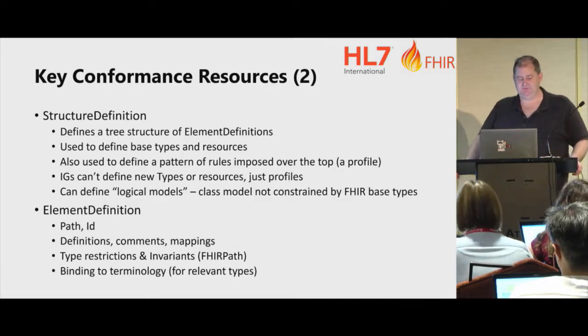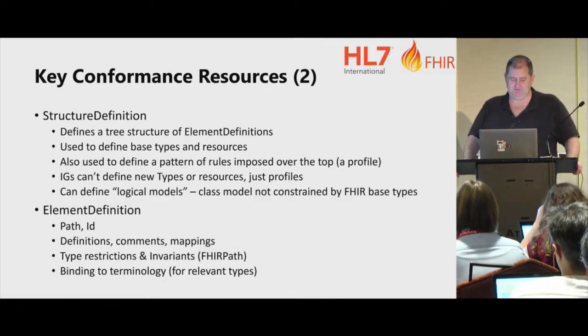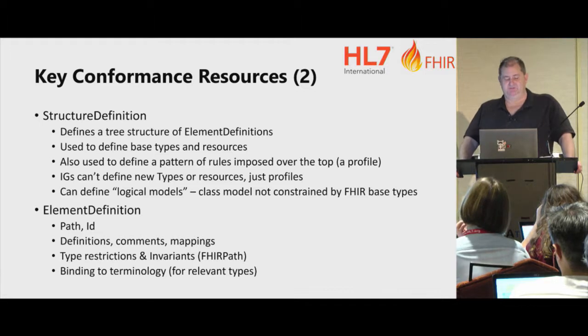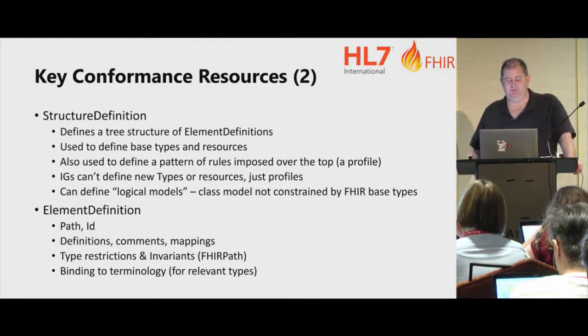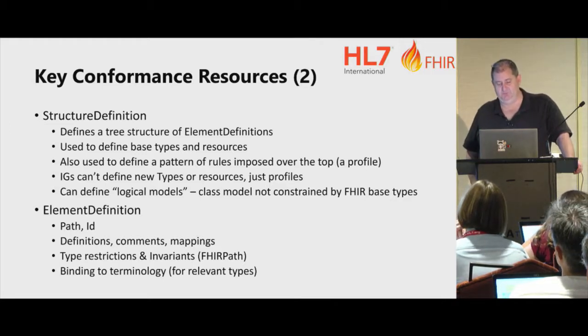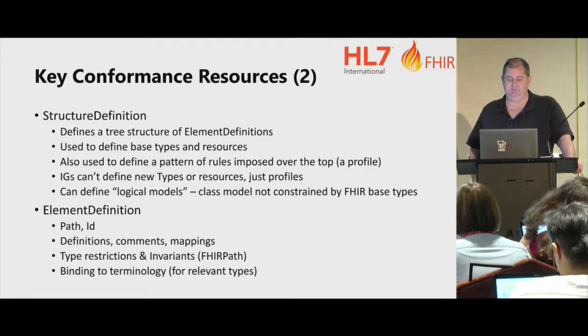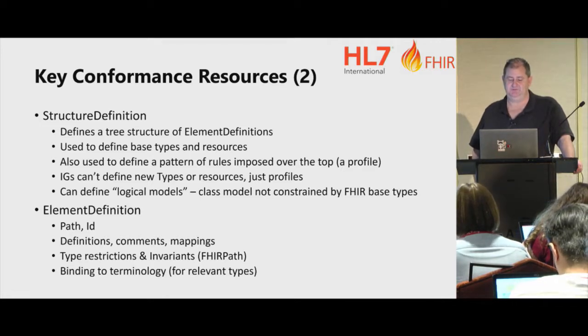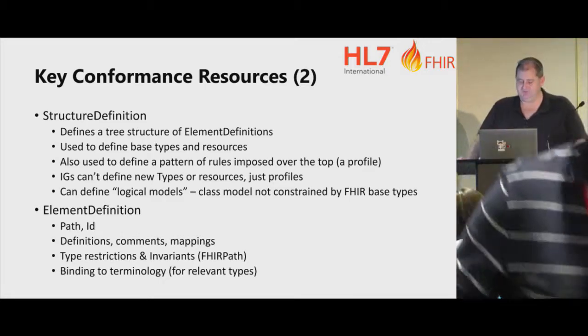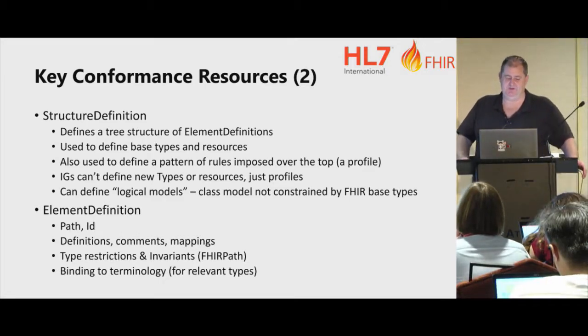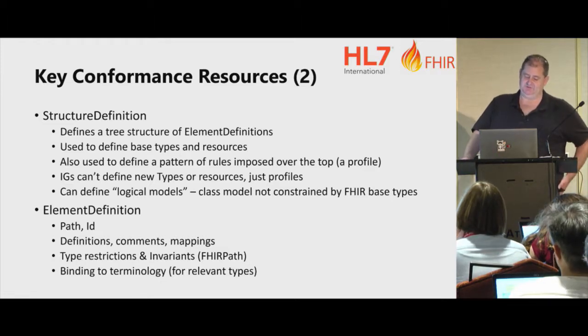We have structure definition, which defines a tree structure of element definitions. This is language I'm going to use later. We use them internally to define base types and resources, and also to define a pattern of rules imposed over the top of another set of definitions, which is what we call a profile. So implementation guides don't define new types or resources, just profiles on existing types, although they can define what we call logical models, which is their own class models.